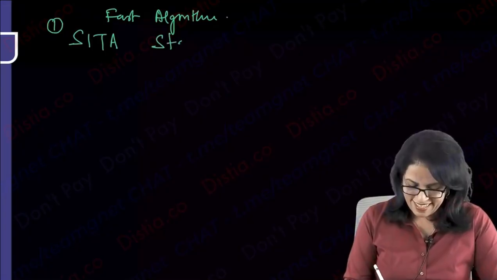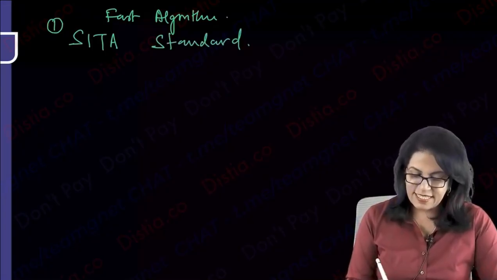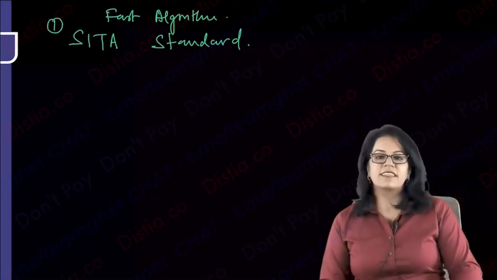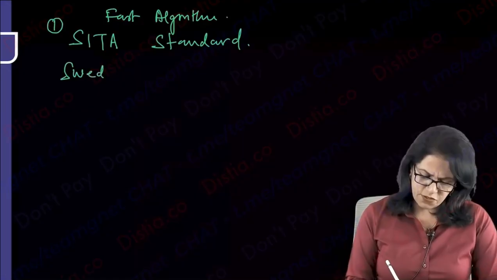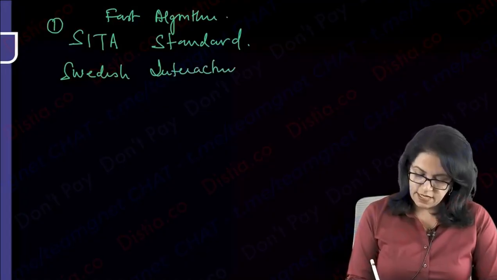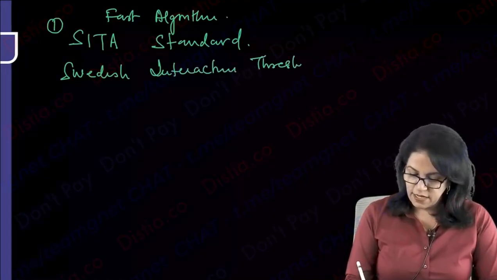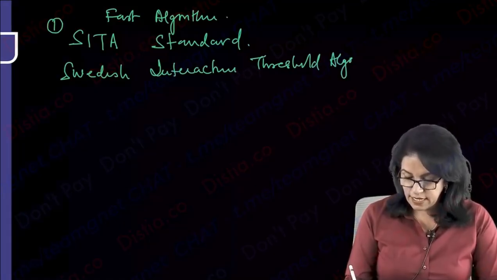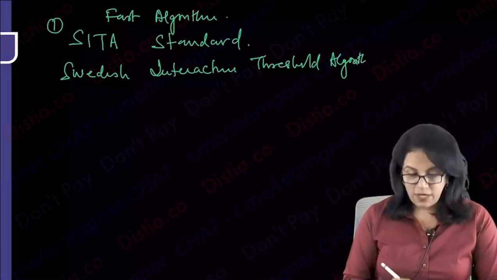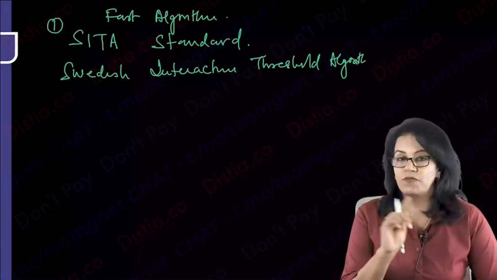SITA Standard. So SITA stands for Swedish Interactive Threshold Algorithm. So write down, just you should know them, Swedish Interactive Threshold Algorithm. When I say SITA Standard, I am only checking 4 points at the threshold level.